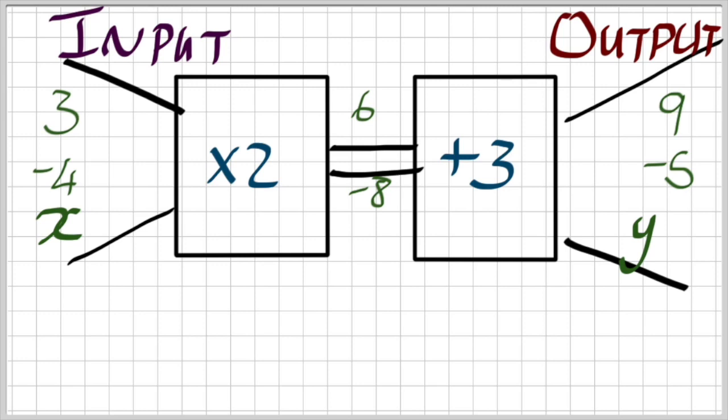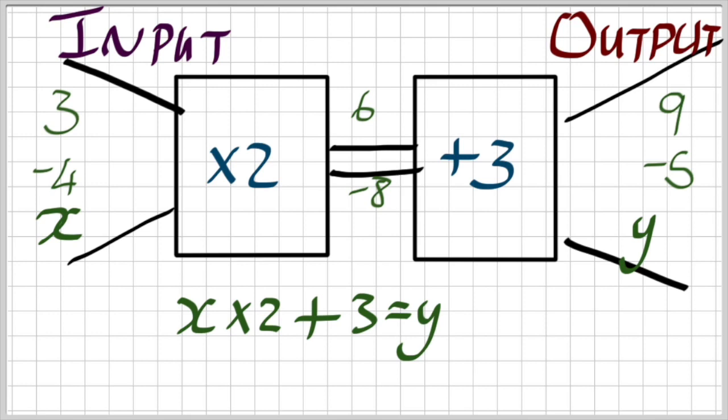So here comes the thing. Input x, output y. So if I take x and I times it by 2, I add 3 to it, my answer is y.